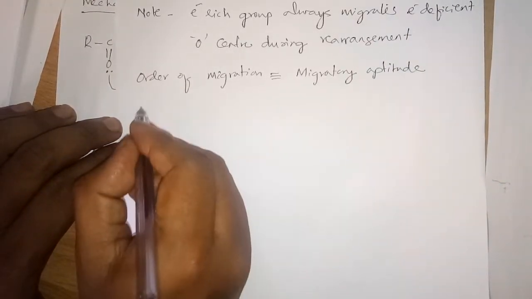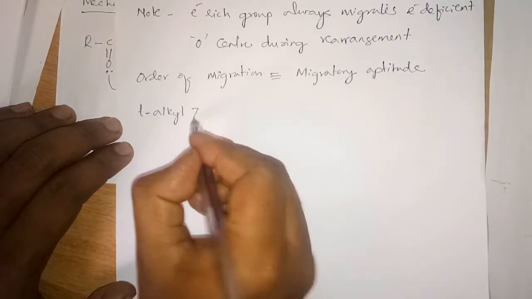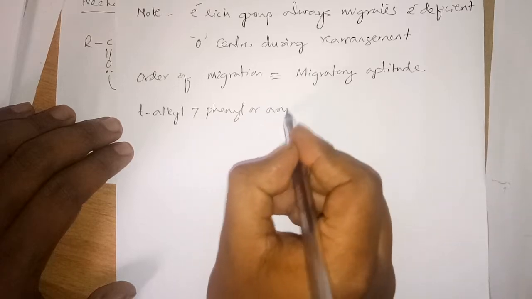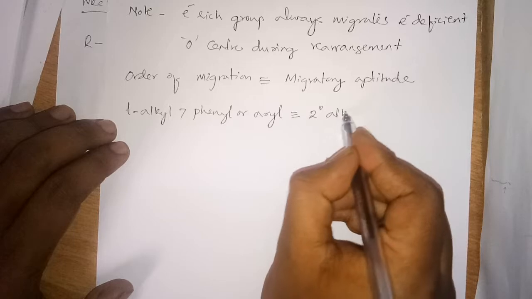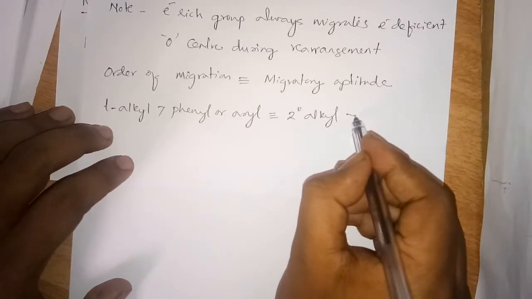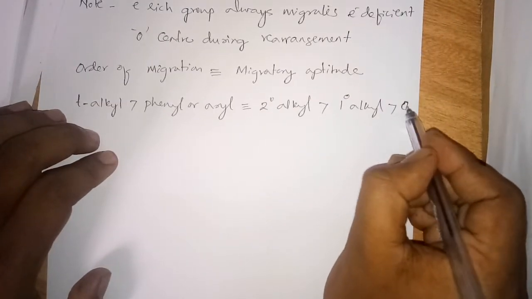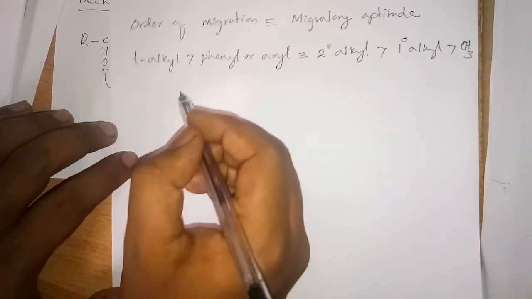First is the tertiary alkyl group, then phenyl group or aryl, which is equivalent to secondary alkyl, then primary alkyl, then methyl group. So this is the migratory aptitude.